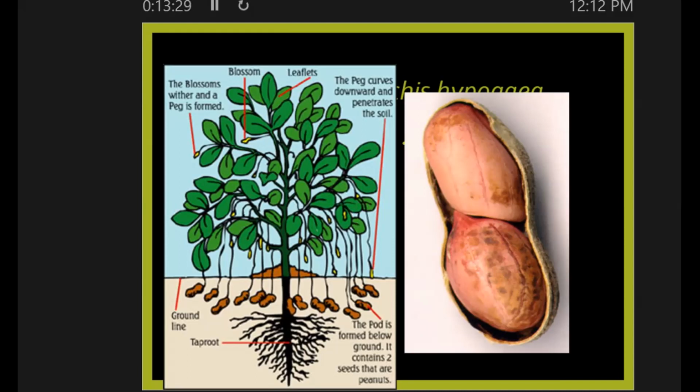Did you know that? I was like, what? I checked a couple of different sites just to make sure it was legitimate because it just felt wacky. But so they form above ground flowers, pollination happens, and then after that happens, they'll grow their flower stalk, keep going, then they'll get into the ground, and then they'll develop the fruit, which is the shell that you break open.